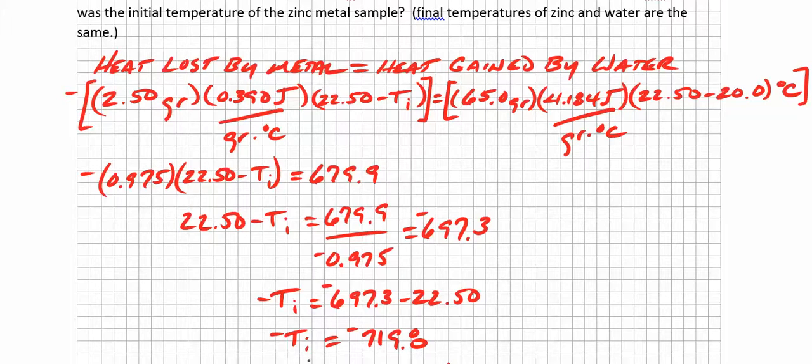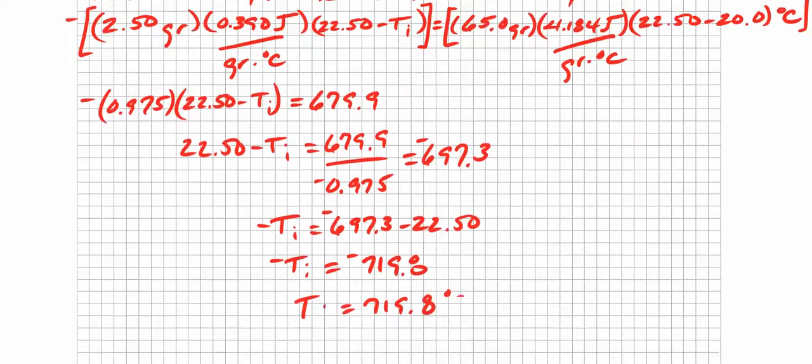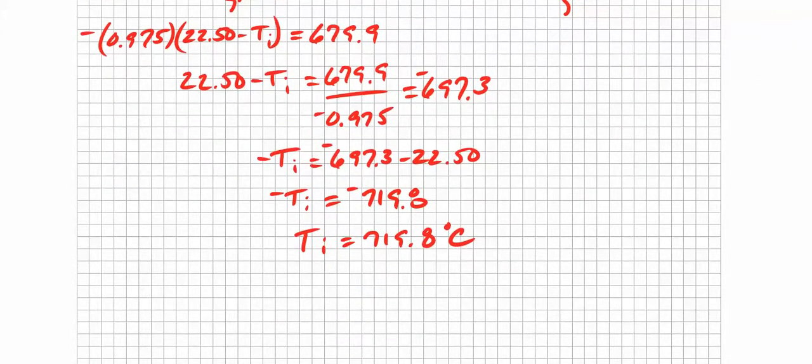So minus Ti, the initial temperature of the metal, is equal to minus 719.8. I'll multiply both sides by negative 1, and the initial temperature of the metal was 719.8 degrees Celsius, and that'll do it for that problem.